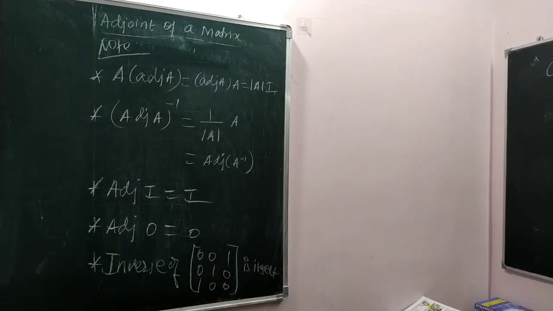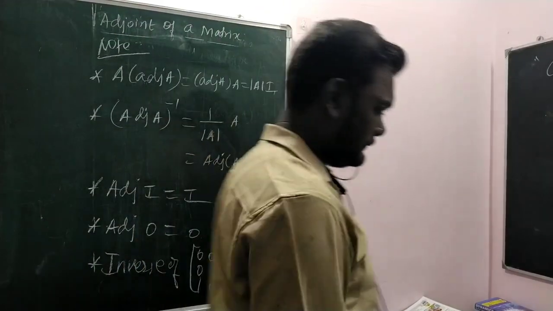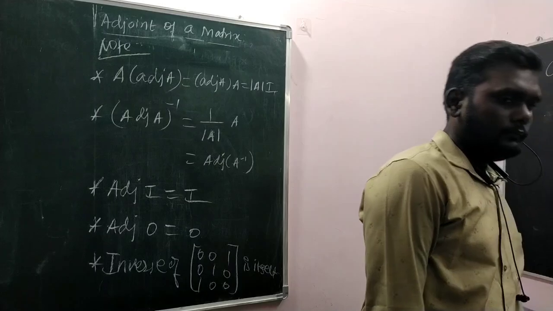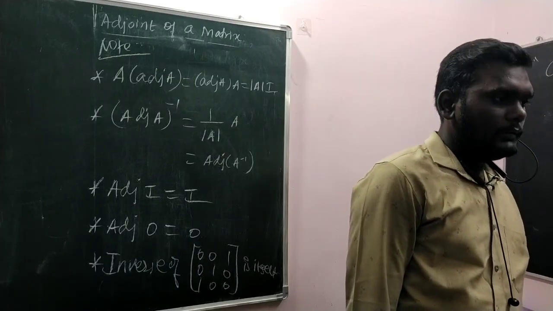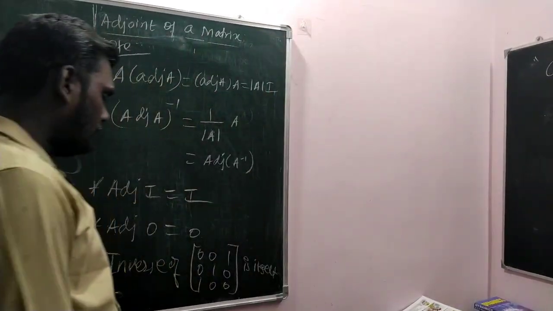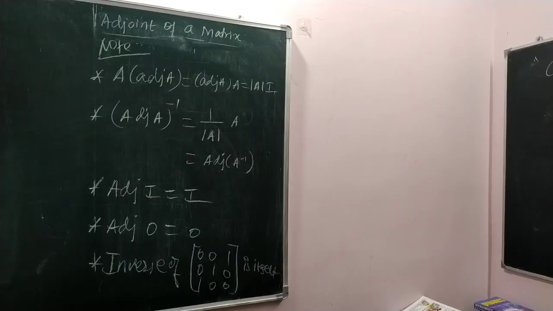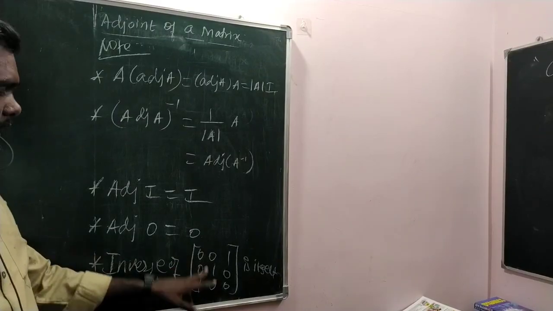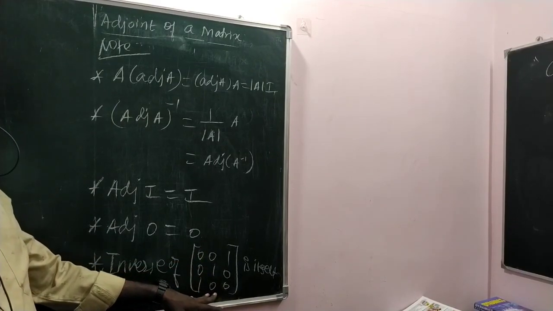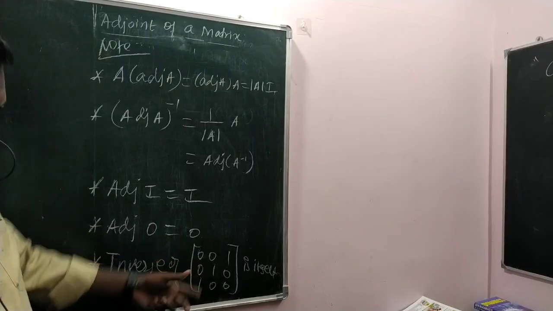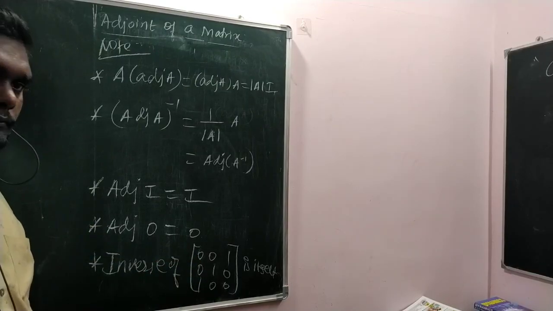You might think this is an identity matrix, but it is not the identity matrix. When you take a closer look, it is not an identity matrix, because the rows and columns are interchanged.